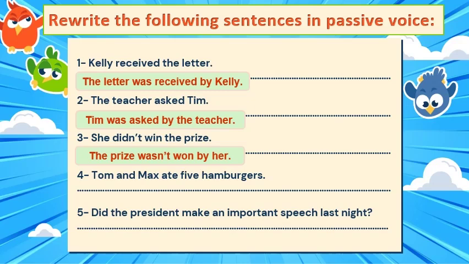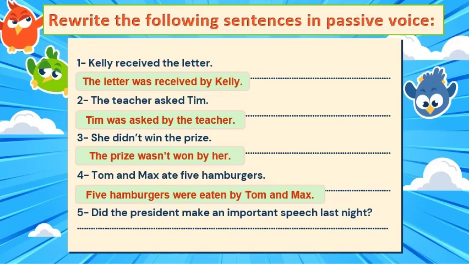Number 4, Tom and Max ate 5 hamburgers. Okay, so start here with the object. 5 hamburgers were eaten by Tom and Max. Number 5, did the president make an important speech last night? Think about it. So this is a question, like the last one. I will change did to was, and I will put the subject after it, and I will continue the sentence.